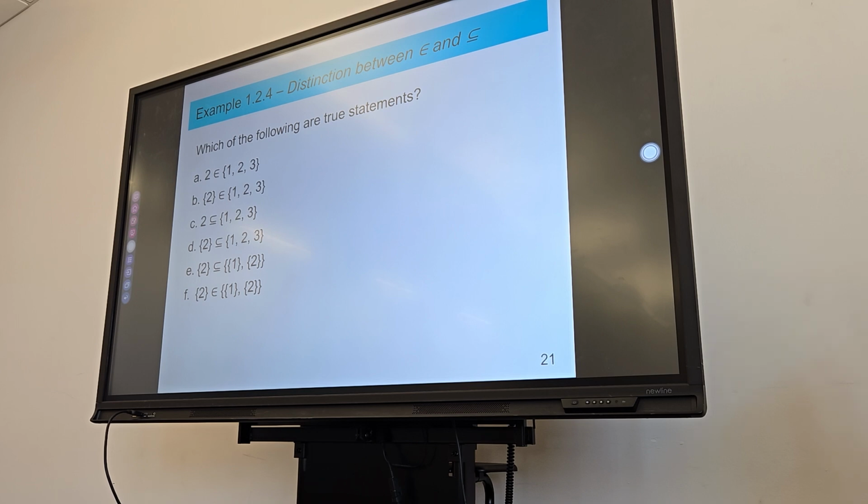The set with a single element 2 is an element of this second set, because the curly braces with the 2 are within the set on the right.